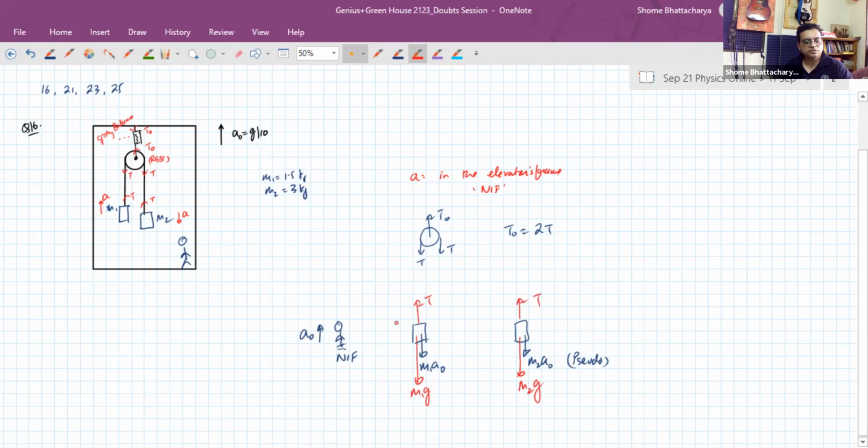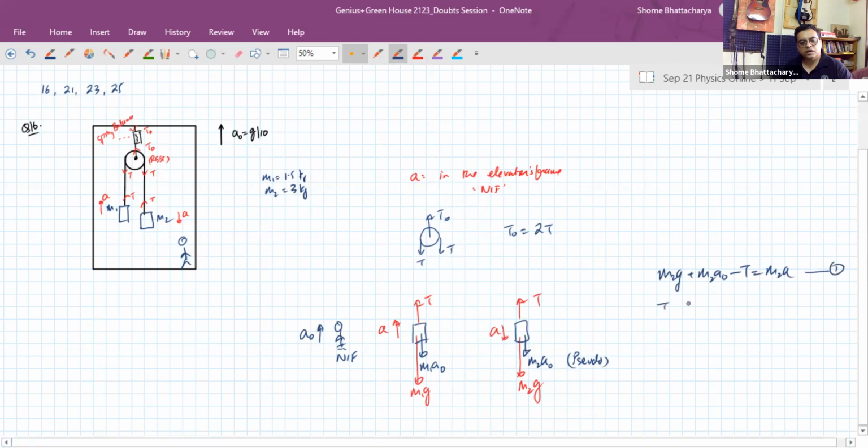And in this frame, this one is going up with an acceleration A, whereas this one is coming down. So we have the equations: M2G plus M2A naught minus T is equal to M2A, and T minus (M1G plus M1A naught) is equal to M1A.